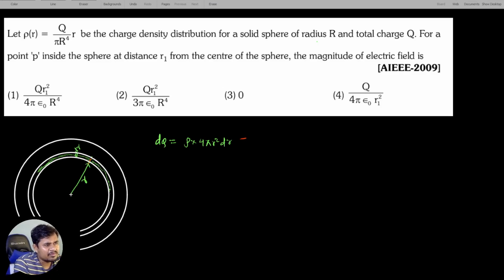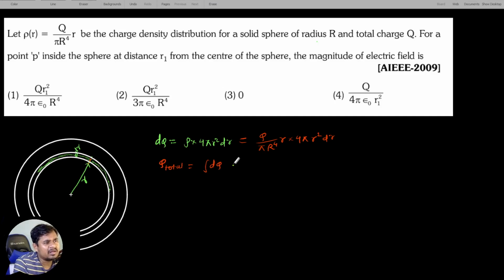So now if I substitute the value of rho, then I will be writing q divided by pi R raised to the power 4, times r, and then 4 pi r square dr. So for total q, if I write q total, then I need to integrate this dq.